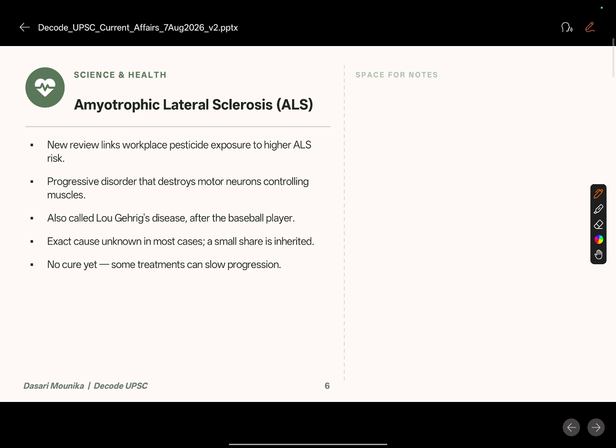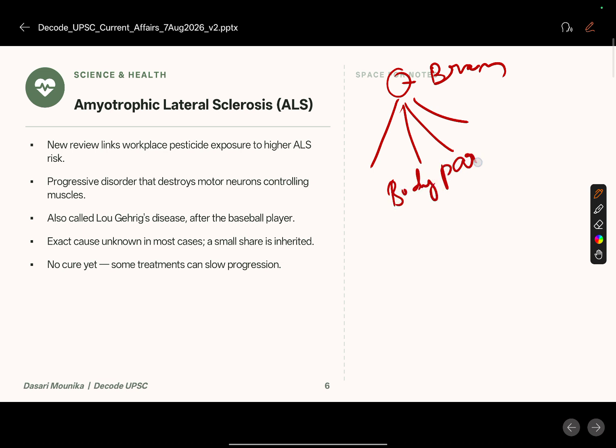Our brain sends signals to our body and coordinates all our body actions, and it also receives signals from the various body parts. With this coordination between the brain and the body parts, our body moves and functions.